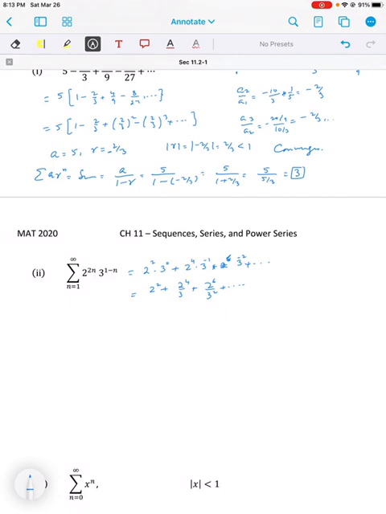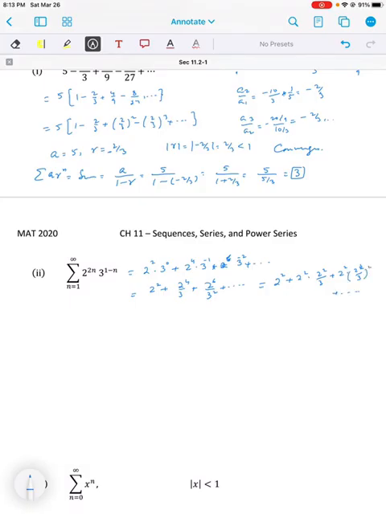And you can see here that you have 2 squared, plus 2 squared into 2 squared over 3, plus, for this term, 2 squared into 2 squared over 3 whole squared, plus dot dot dot.